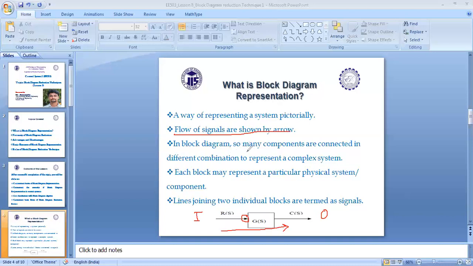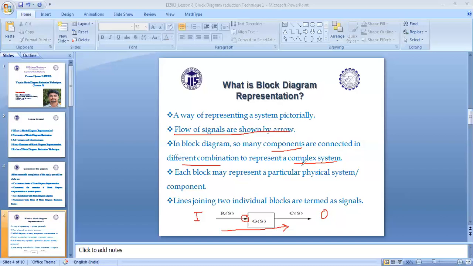In block diagram, so many components are connected in different combination to represent a complex control system. For example, suppose you have a manufacturing plant. In a manufacturing plant, several motors, generators, sensors, actuators, controllers, amplifiers, all will be connected in such a way so that it can do its desired work.